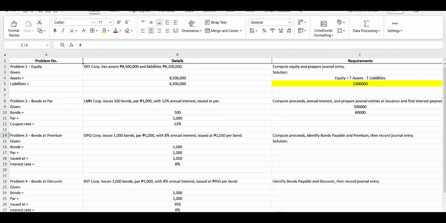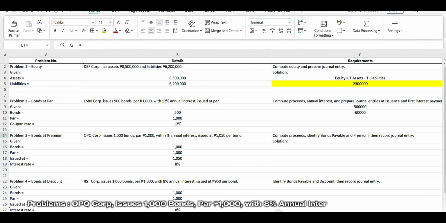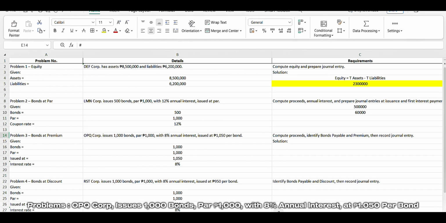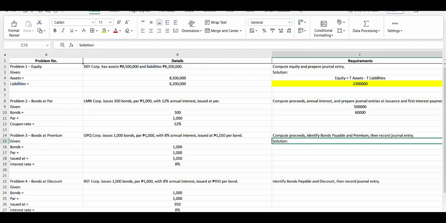Now let me read this problem again. OPQ Corporation issues 1,000 bonds with the par value of 1,000 pesos with the 8% annual interest. It is issued at 1,050 pesos per bond. So we need to compute for the proceeds, identify the bonds payable and premium, then record the journal entries.